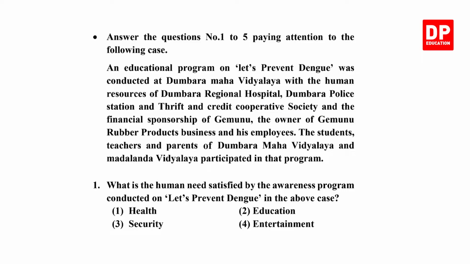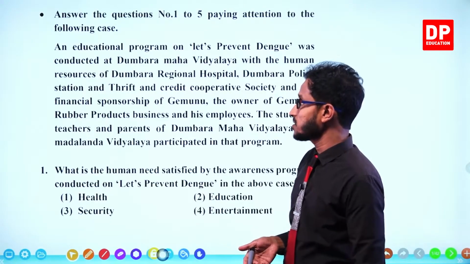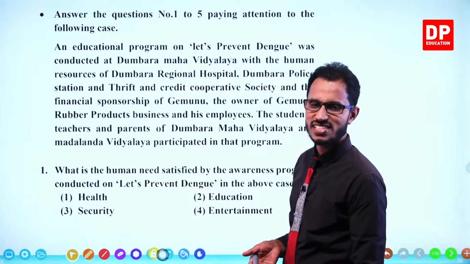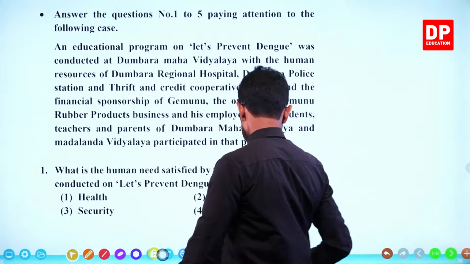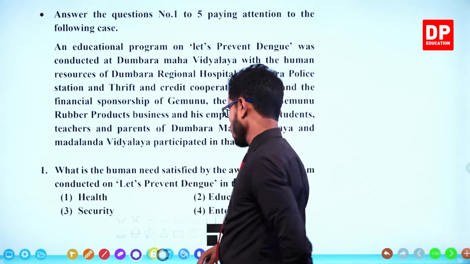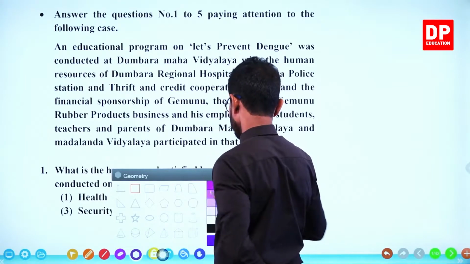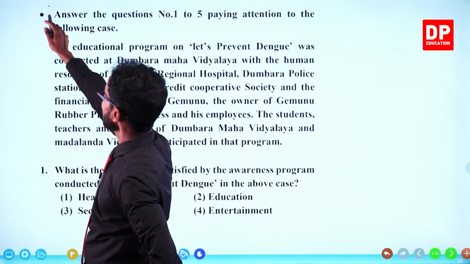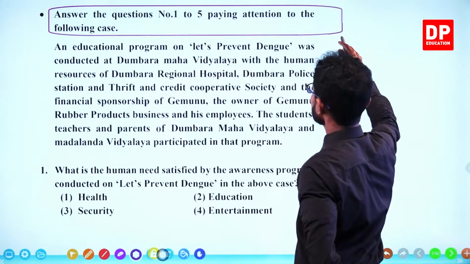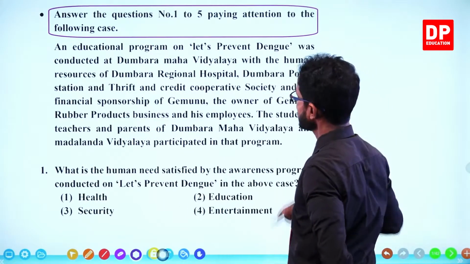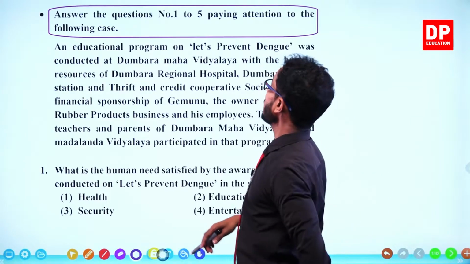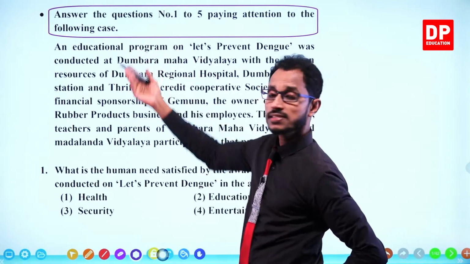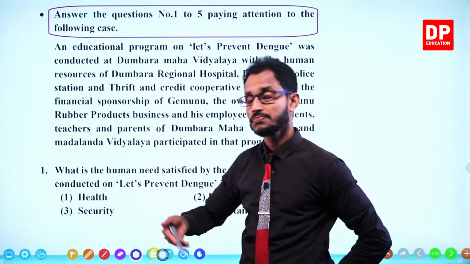So, like I explained, it's question time. Starting with the first question. What is the first question? Well, they say to answer questions number 1 to 5, paying attention to the given case.